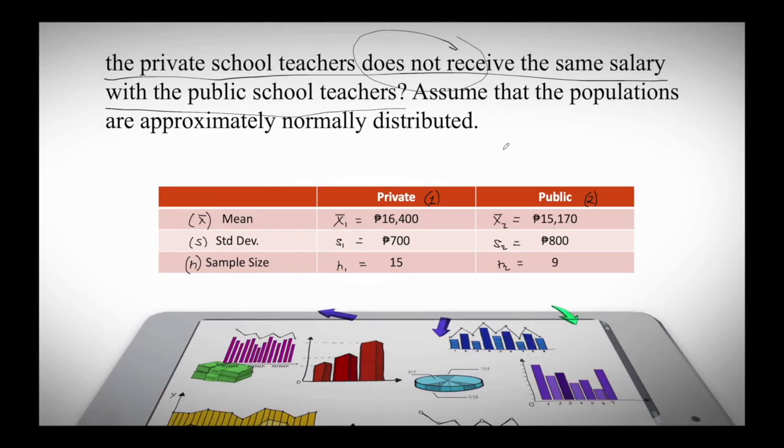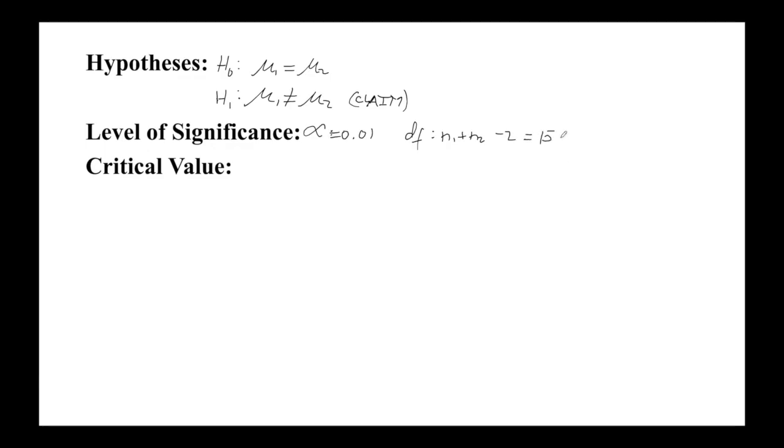So n sub 1 is 15, n sub 2 is 9. Meaning to say, we have here 15 plus 9 minus 2, which is 22. So 22 ang ating magiging degrees of freedom.